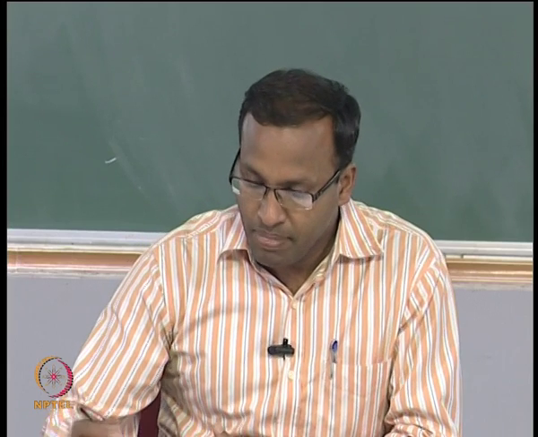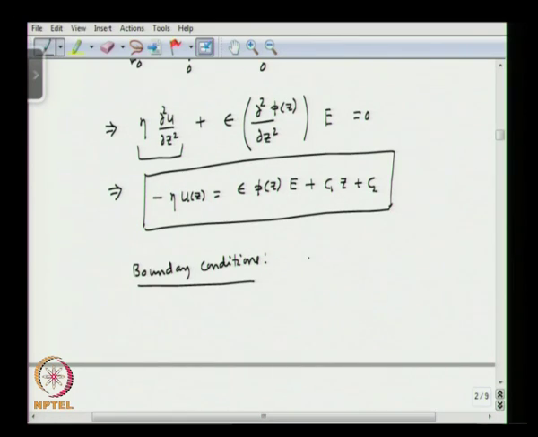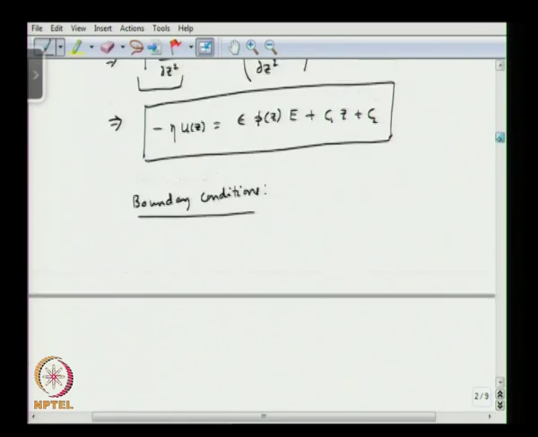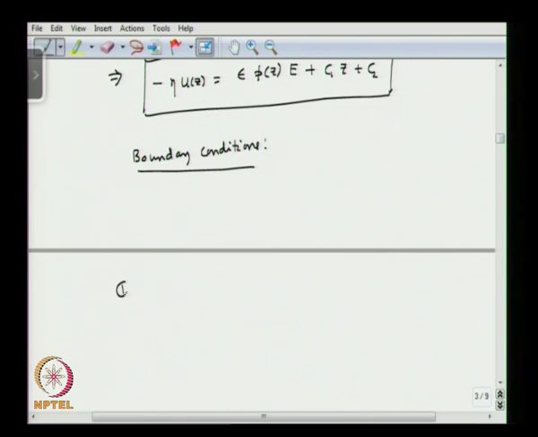So, the gradient of the velocity as z tends to infinity will vanish. So, the first is u at plus minus h by 2 equal to 0, and the second is del u over del z at z tends to infinity equal to 0.